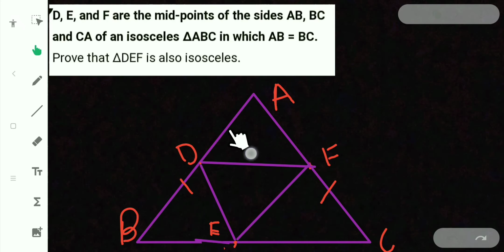This one will be for this one and DE for AC. This will be parallel and equal to half of them.